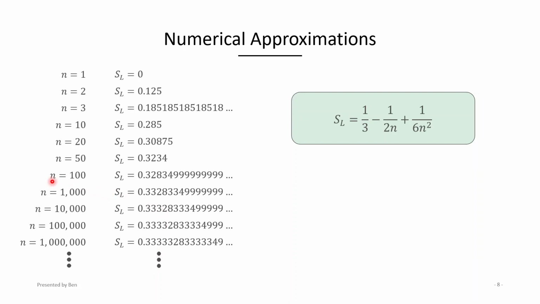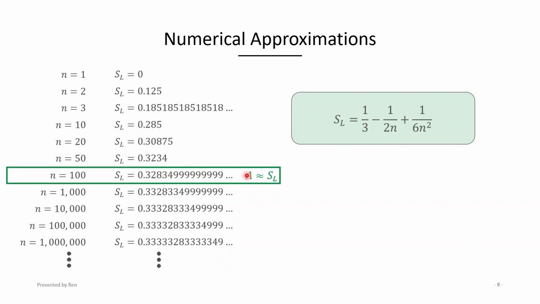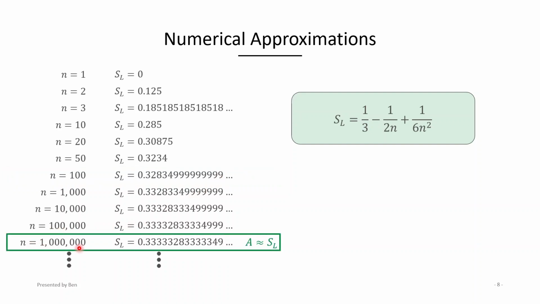If you are happy with 100 rectangles, you can use this value as an approximation of A, right? As long as you accept the error that comes with this value. And if you are only happy with 1 million rectangles, you can use this value as an approximation, right? It's all up to you. We can see that if you use this value, the total area is roughly 0.3333.